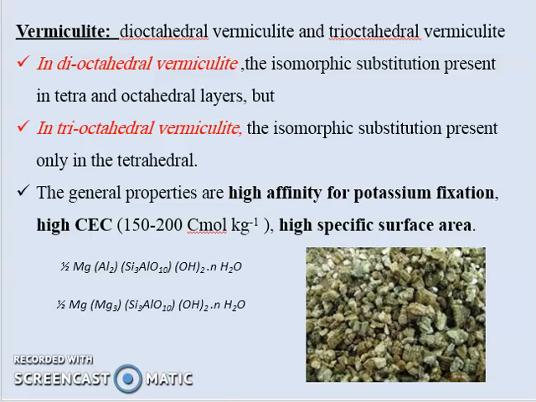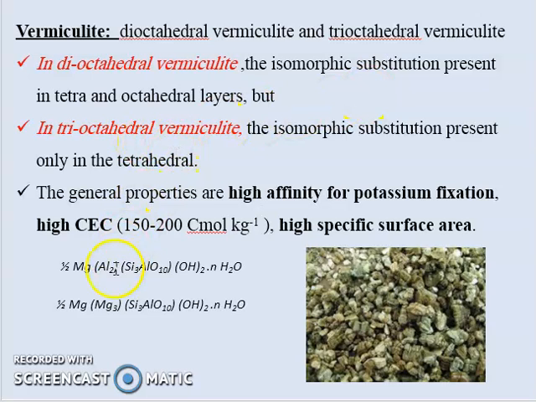So if you look at the vermiculite, we have 2 types of vermiculite. We have dioctahedral vermiculite and trioctahedral vermiculite. In dioctahedral, the isomorphous substitution is present in tetrahedra and in the octahedral layer. Usually, maybe you find it in tetrahedra and octahedra, or maybe only in tetrahedra.